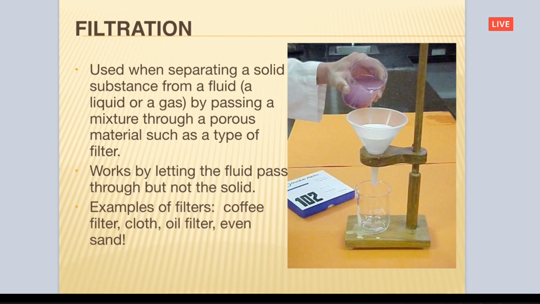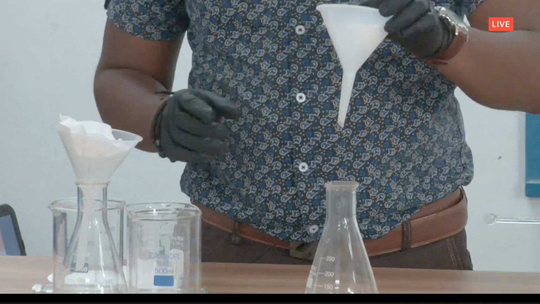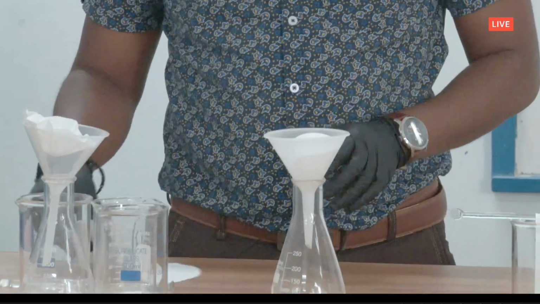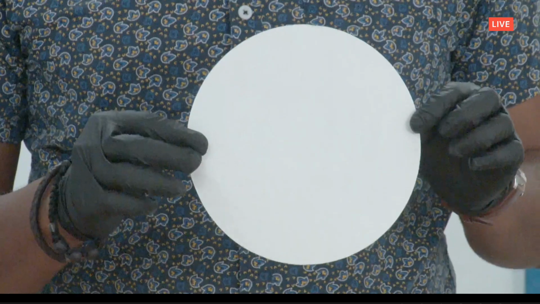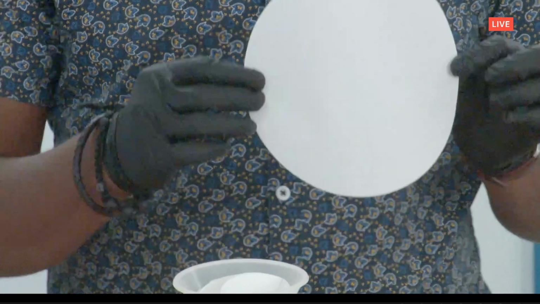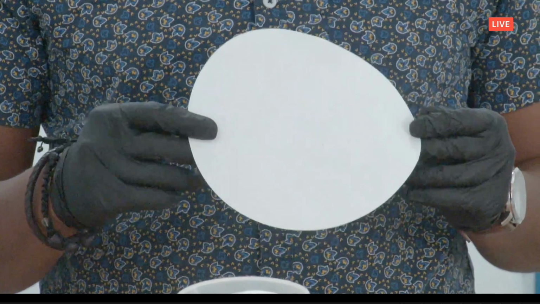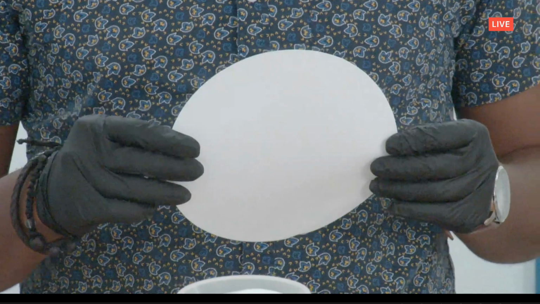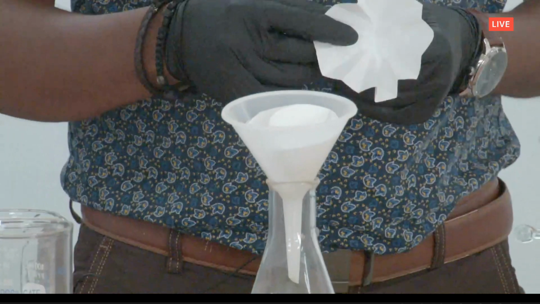So let's turn our attention back to filter paper. I've placed the filter paper inside of the funnel. Filter paper comes in circles like this. And so in order to fit into the funnel, we need to shape it via origami. Yes, I'm very good at origami. So there are different ways of doing this. I went ahead and did something like this earlier.